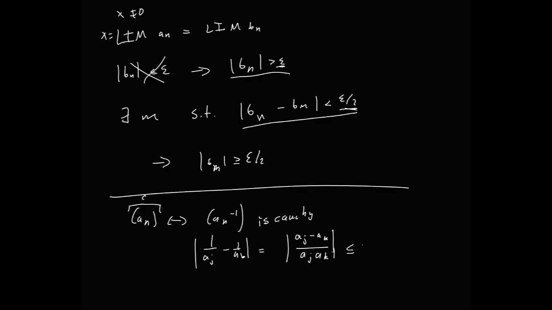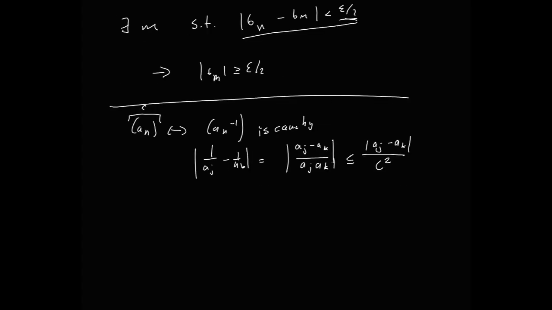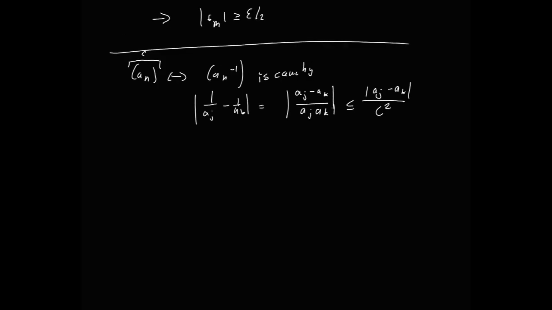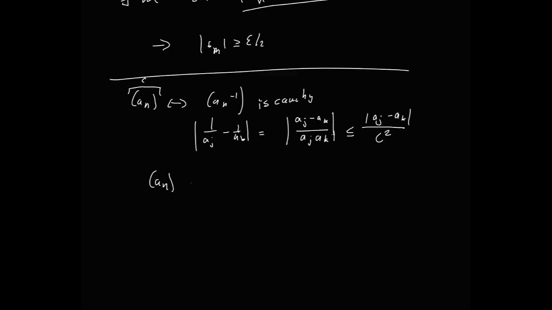And here we have a_j minus a_k, right? What we can do is say that since this is eventually less than epsilon, it's also bounded by c squared epsilon, so we get the c squares to cancel out.